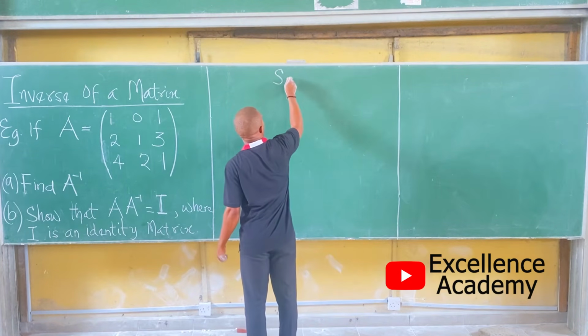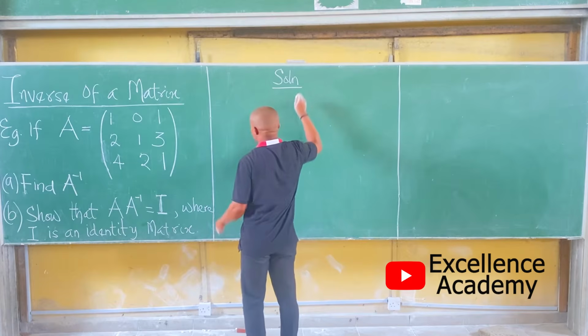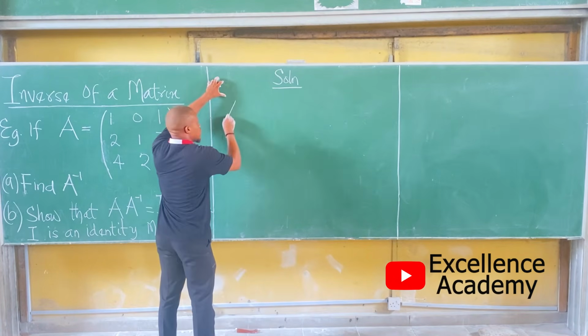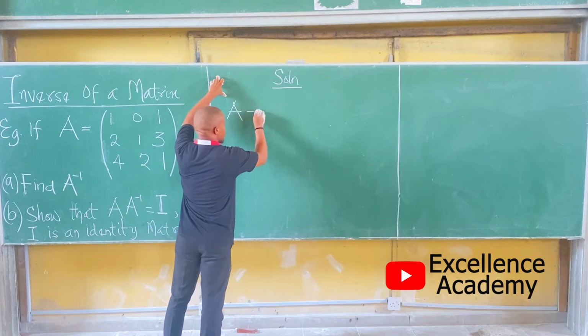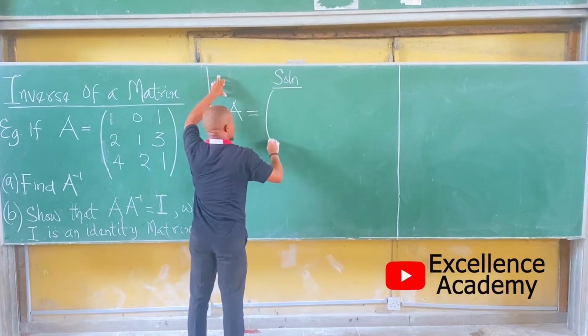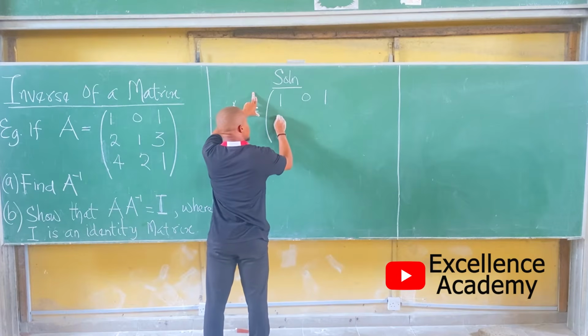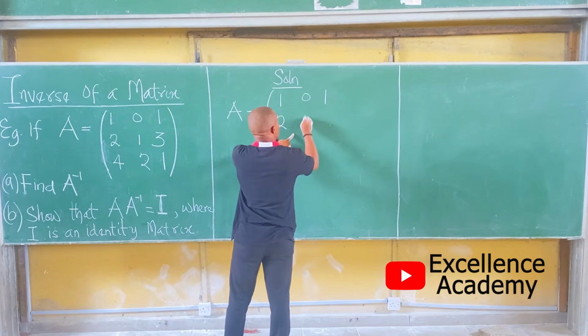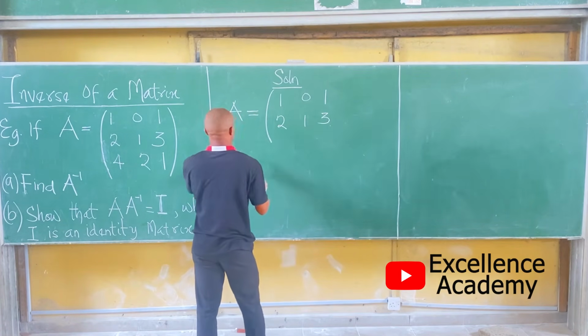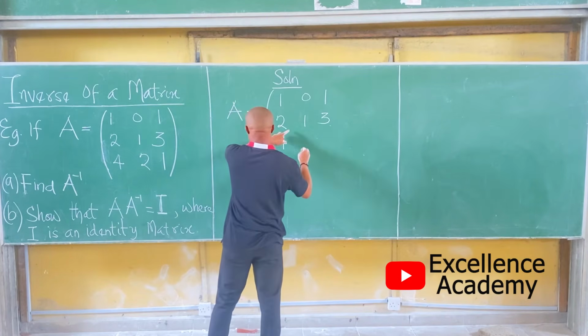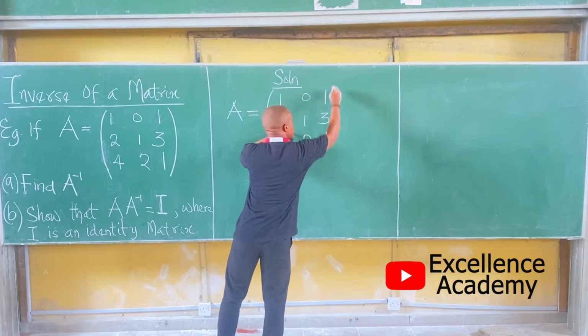Solution. The matrix A is given as 1 0 1, 2 1 3, 4 2 1.